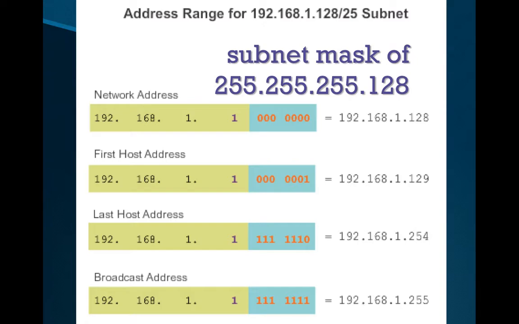Notice that each subnet uses the subnet mask of 255.255.255.128 to indicate that the network portion of the address is 25 bits because we borrowed one from the host portion of the address.